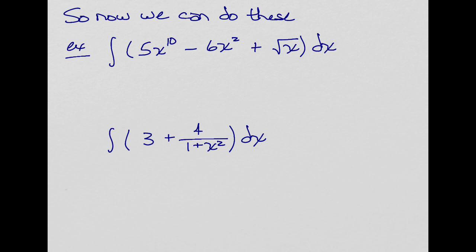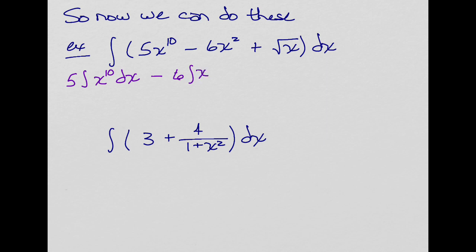The sum and difference rule says I can break this first integral up and do x to the 10th, and the constant multiple rule says I can put the constant on the outside. So I'm going to do both of those at once. Minus, and again I can put the constant on the outside.